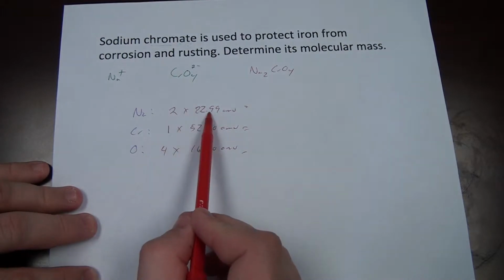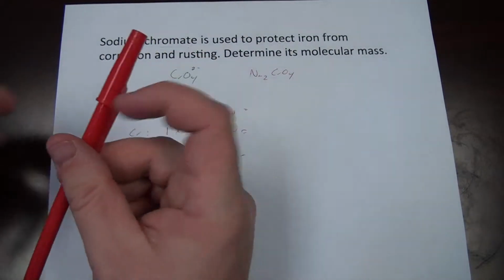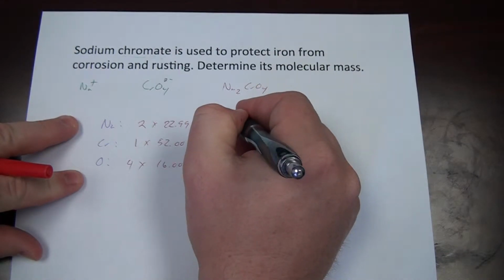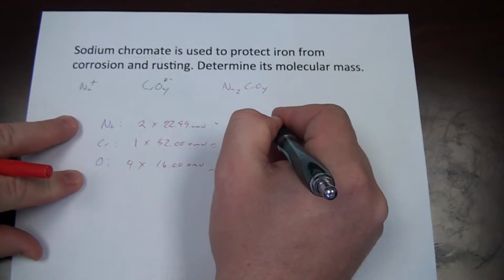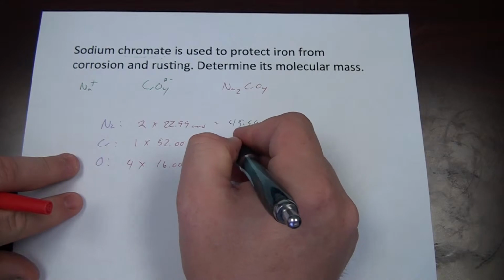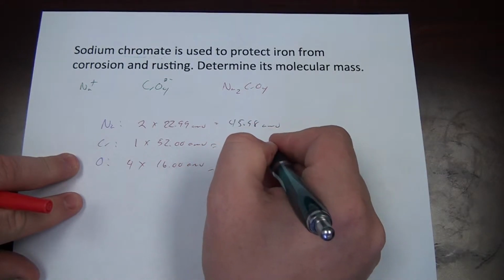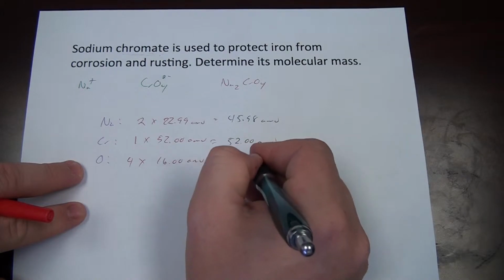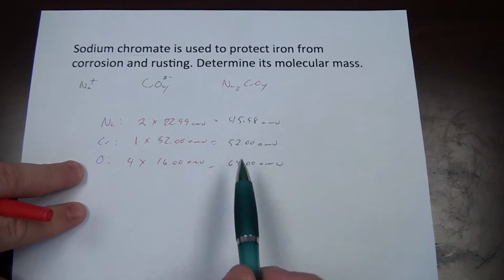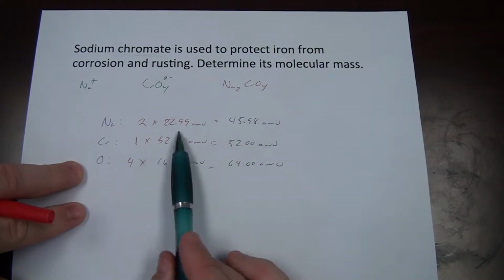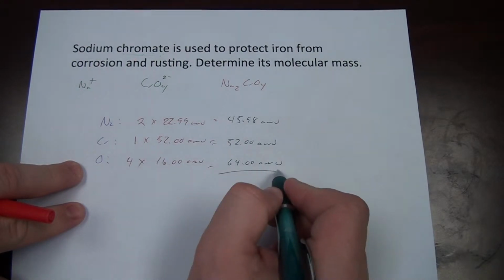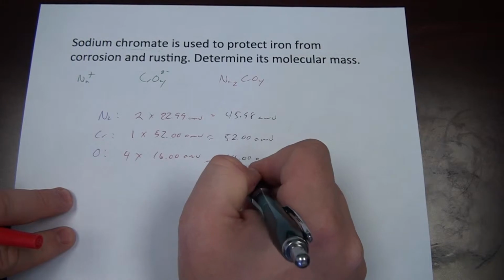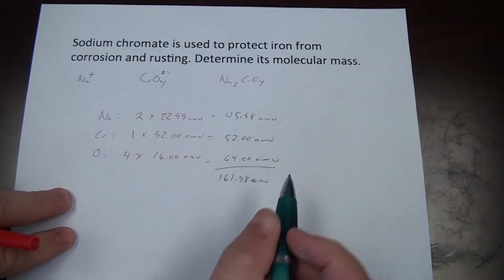Right, take 2 times 22.99, we end up with 45.98 AMUs. 1 times 52 is 52. And 4 times 16 is 64 AMUs. Right? So this is the contribution for each element. Add those together, we end up with 161.98 AMUs.